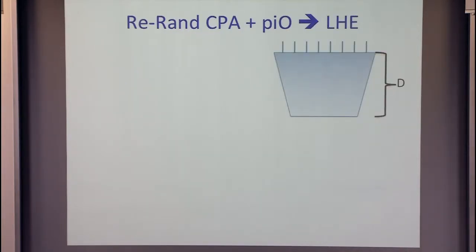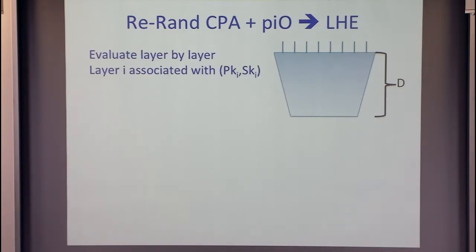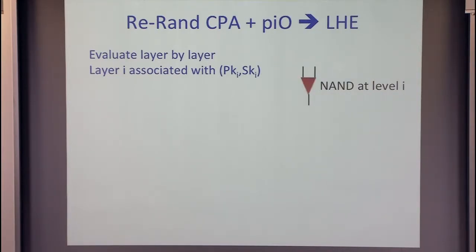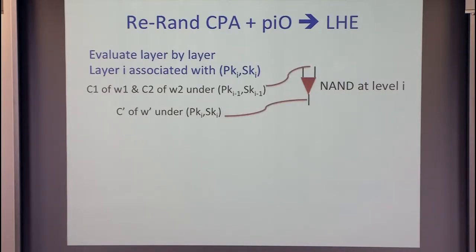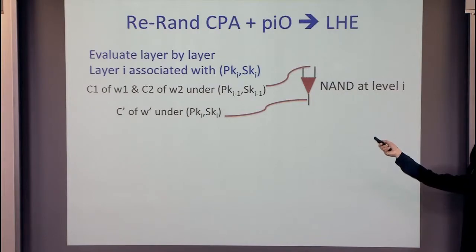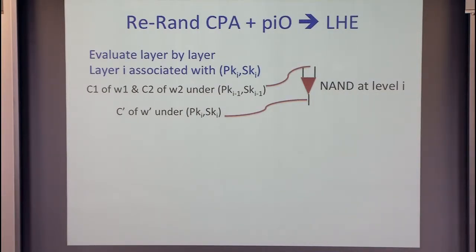And the construction is, again, extremely natural. What am I going to do with the LHE? Just like all constructions, I'm going to attempt to enable homomorphic evaluation layer by layer. To do so, I'm going to associate with each layer a pair of keys. And if I look at a NAND gate at a certain layer, the homomorphic evaluation is going to derive the ciphertext of the wire values under the public key at layer i-1, and will attempt to get the ciphertext of the output wire under the public key of the next layer.